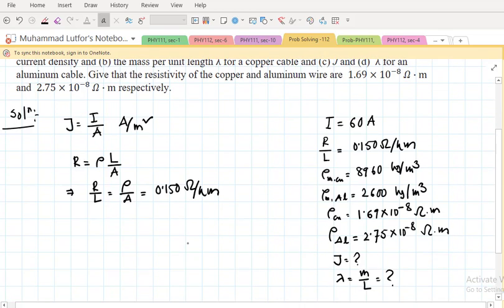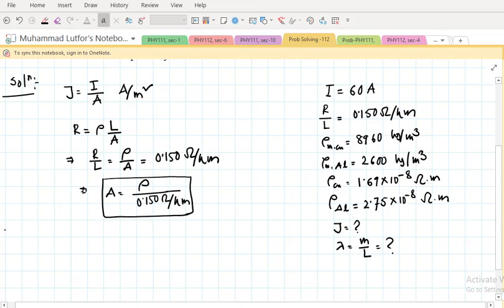Or we can write the area from here, which is the resistivity divided by 0.150 ohm per kilometer. Fine. So I'm going to use that formula to find the current density for both copper wire and aluminum wire.